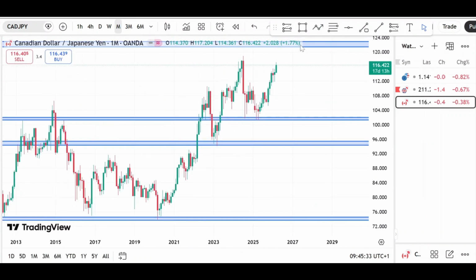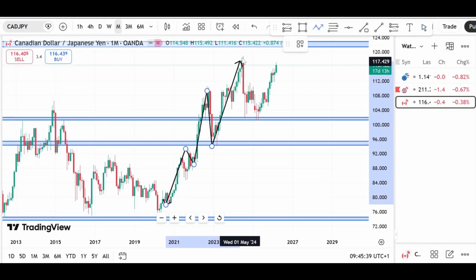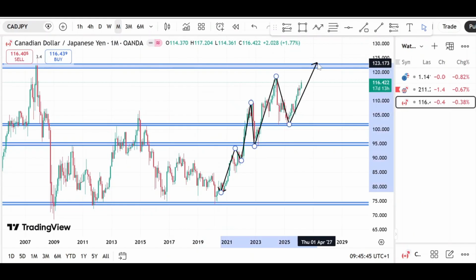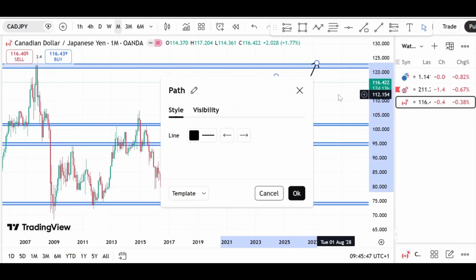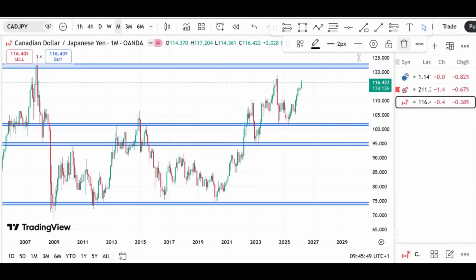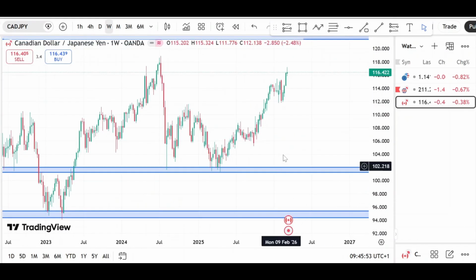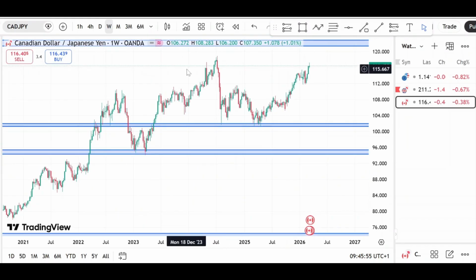A very beautiful structure of uptrend. We are seeing higher high, higher low, higher high, higher low, higher high, higher low, and we expect that the price is going to keep moving in order to fully retest this 3-month upper zone. Okay, let's go in weekly time frame to see what's going on.